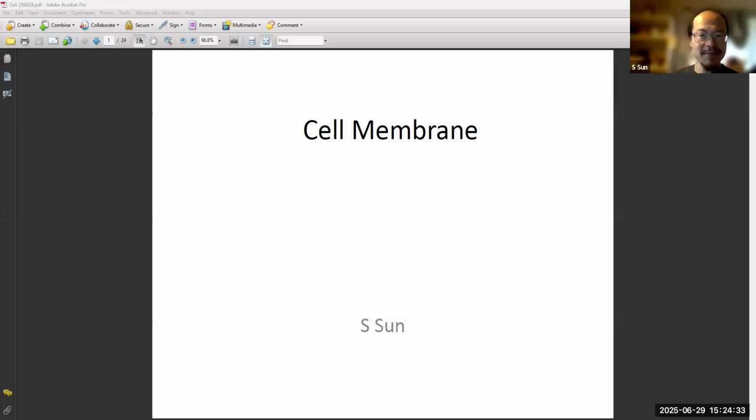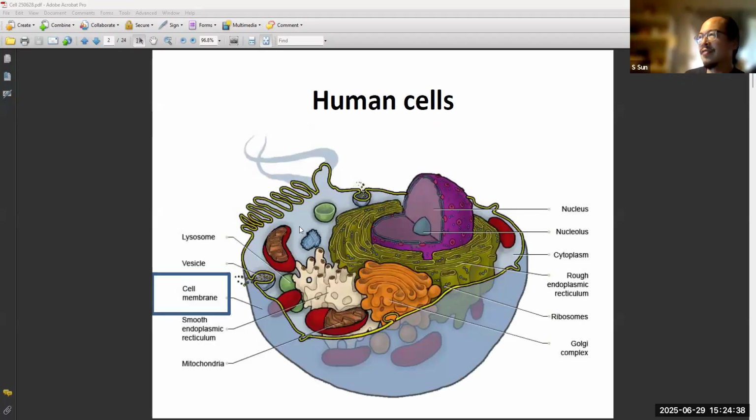So we can talk about several things in a cell. Here is a typical example of a human cell. I assume, since this is a physiology course, that you learned some biology before, and you should have some understanding of the organelles and the structure of a cell.